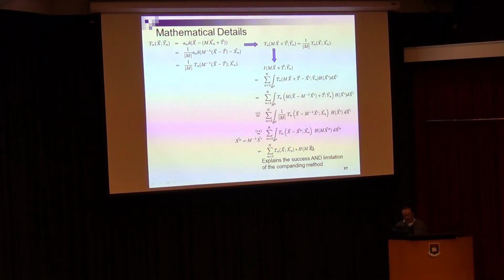But when M is too far away from the identity matrix, this actually is not the original image anymore. Then the assumption fails.